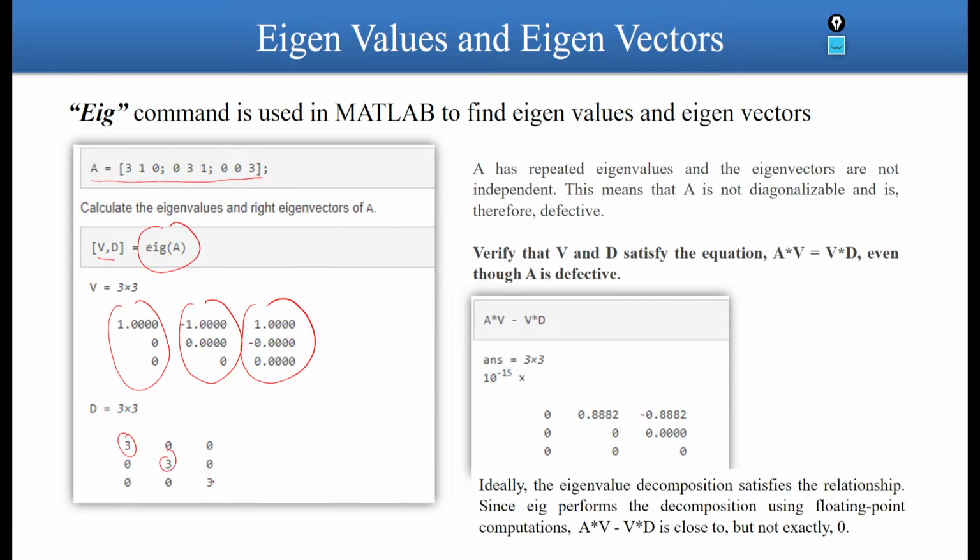These diagonal elements are the eigenvalues. A has repeated eigenvalues and the eigenvectors are not independent. This means that A is not diagonalizable. If you want to verify, V and D satisfy the equation AV is equal to VD.